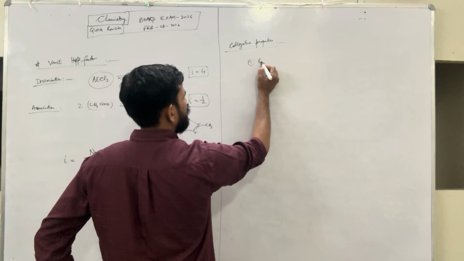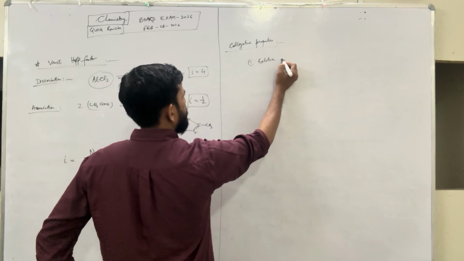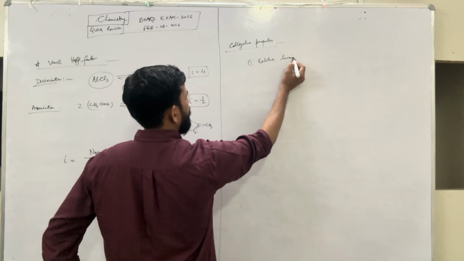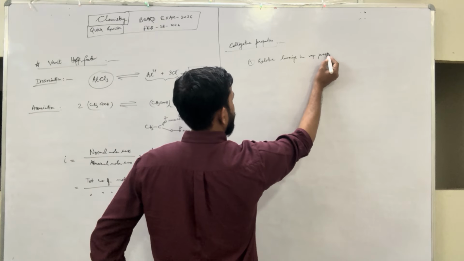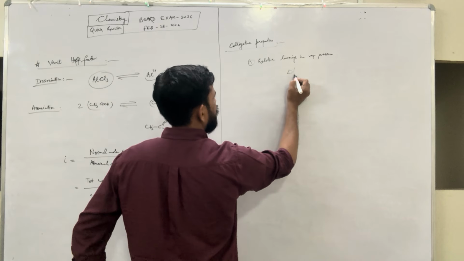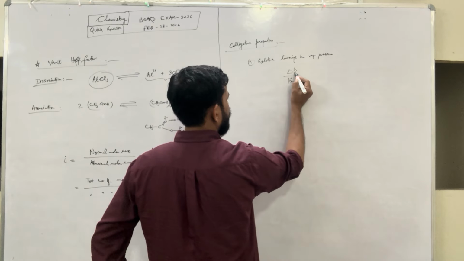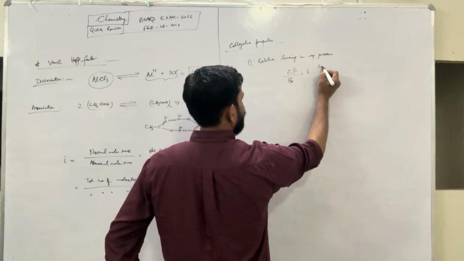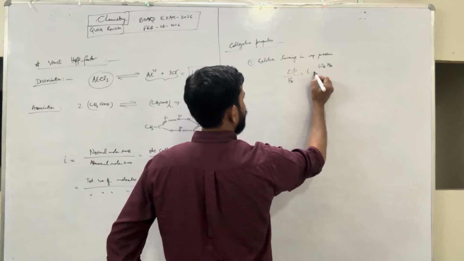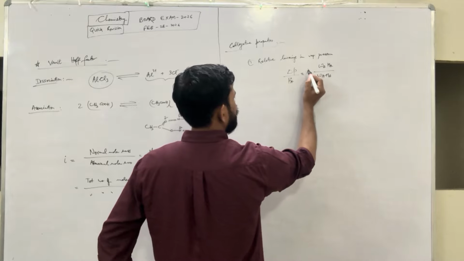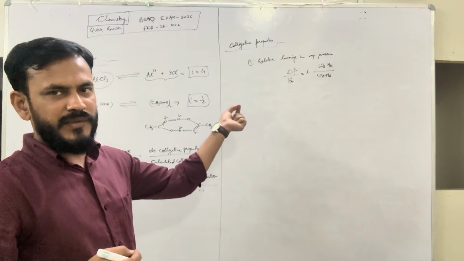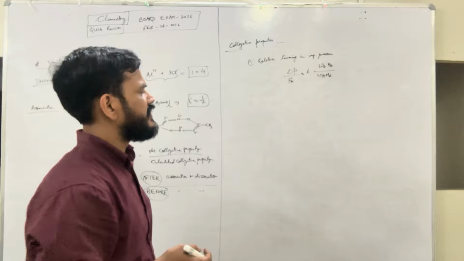Number one, relative lowering in vapor pressure: delta P by P naught A is equal to i WB MA by WA MB. So all the colligative properties will get multiplied by this Van't-Hoff factor, which is i.